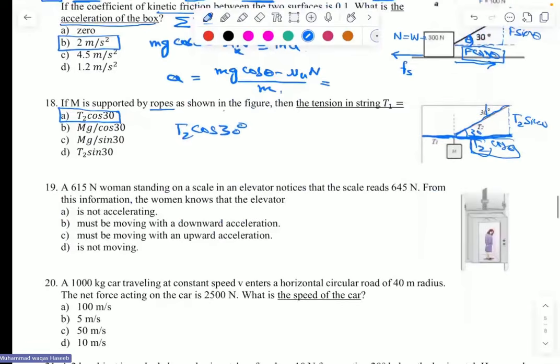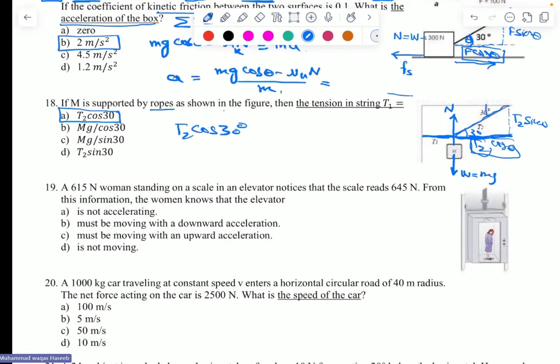Doctor, what about the weight? The weight is downward. W equals mg, and this is the normal force. It's not connected to T2. But doctor, shouldn't the weight also be included?